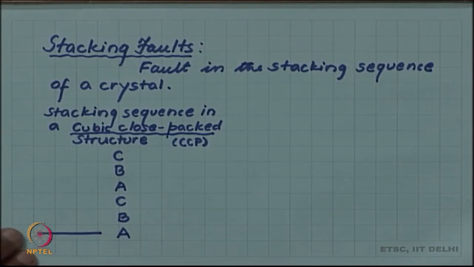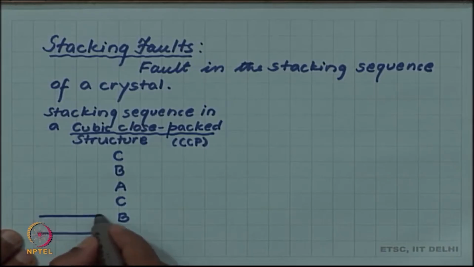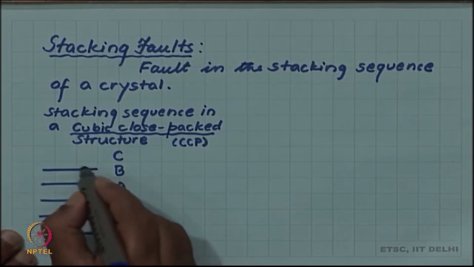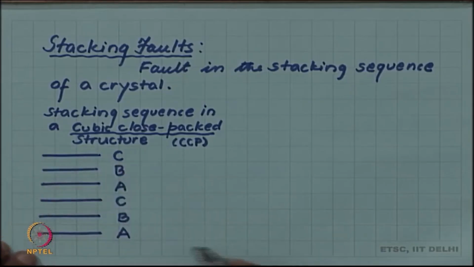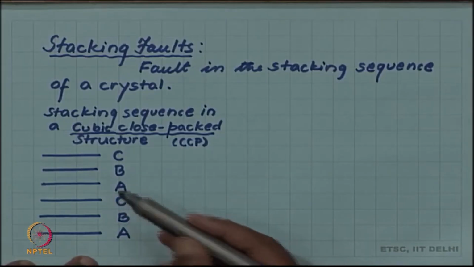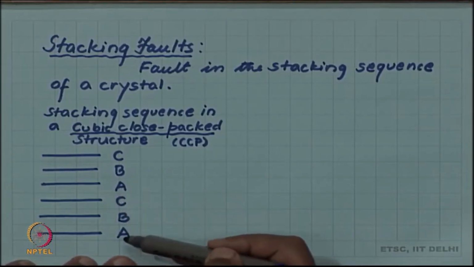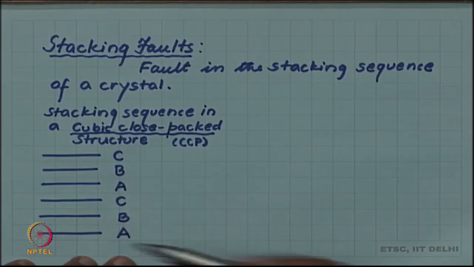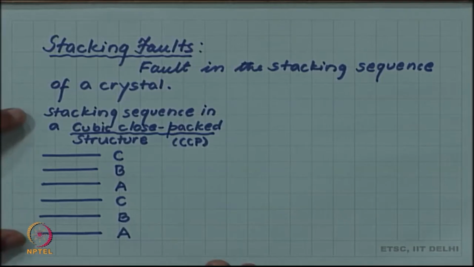Each of them is a plane which I am showing in edge view here, and these planes are displaced with respect to each other, and that is what the letters stand for. So, A is exactly above A, B is exactly above B, but B is shifted with respect to A. We have discussed these in detail when we were discussing the cubic close packed structure.